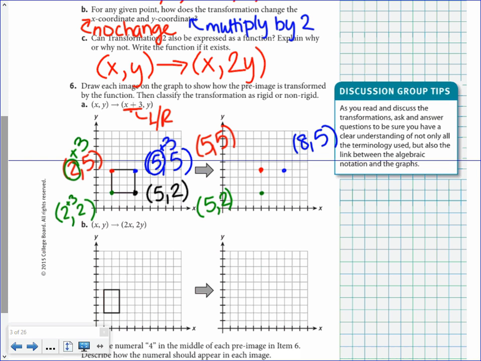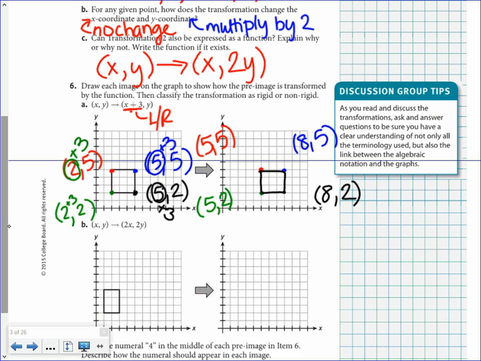And when we add 3 to our x value, 5 plus 3 becomes 8, and our y value stays as 2. And so it'll be placed right there. And so our figure is there. And as you can see, looking at side by side, it's the same basic shape. It's just shifted over by 3.